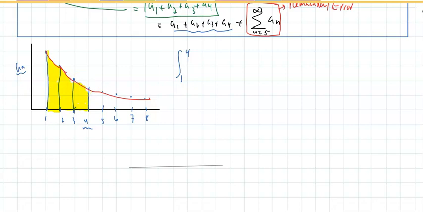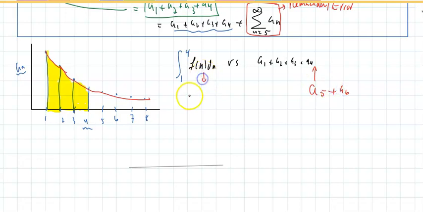Now, the difference is, if I integrate from 1 to 4, let's say f of n dn, well, versus a sub 1 plus a sub 2 plus a sub 3 plus a sub 4. If I want to pick up where I left off, I start with a sub 5 plus a sub 6.